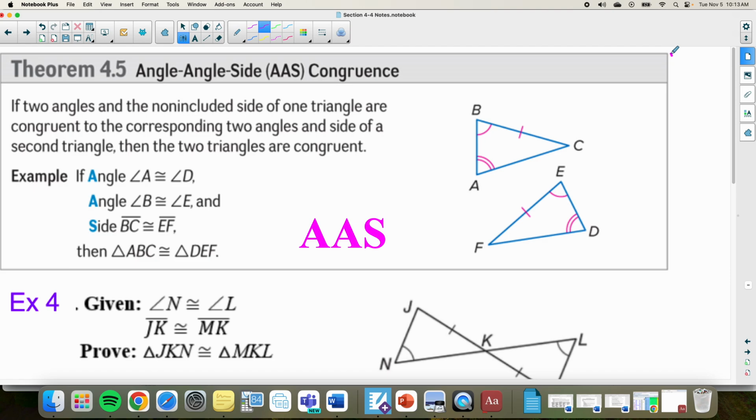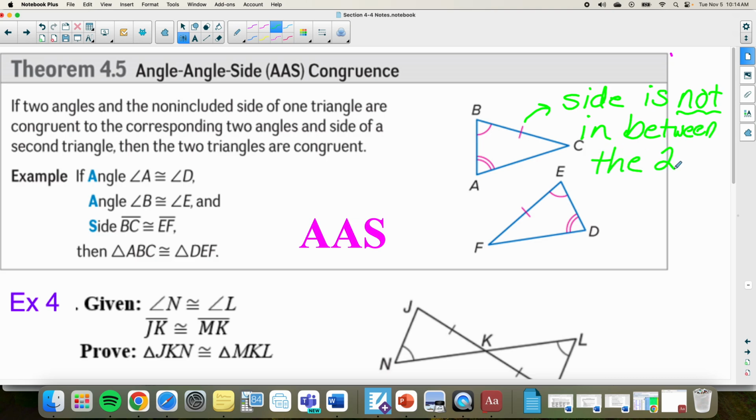Okay, so we're going to learn our last way to show 2 triangles are congruent. And in this one, it's angle, angle, side. In this one, your side is not included or not in between the two congruent angles.